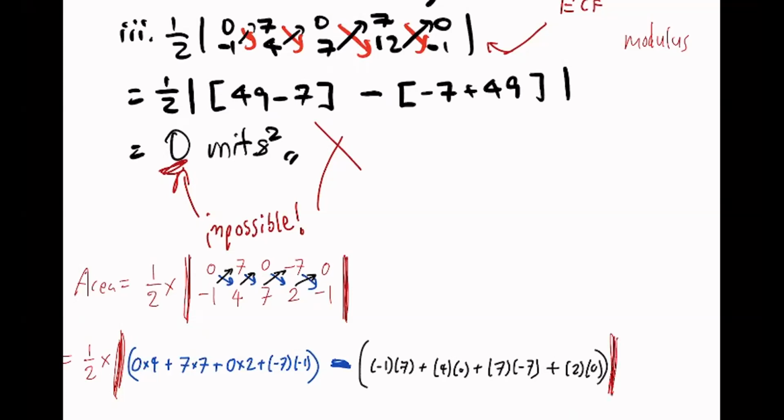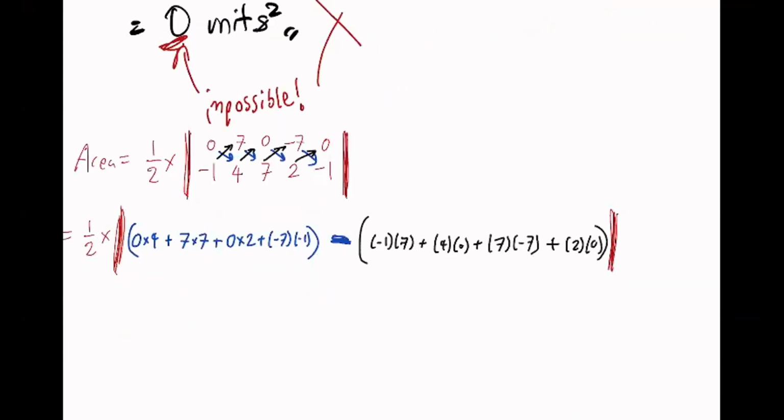Just key this in the calculator and you'll get your answer. I don't know what's the answer. Let me check. 7 times 7, that's 56, minus -7. I'm just keying inside the calculator now.